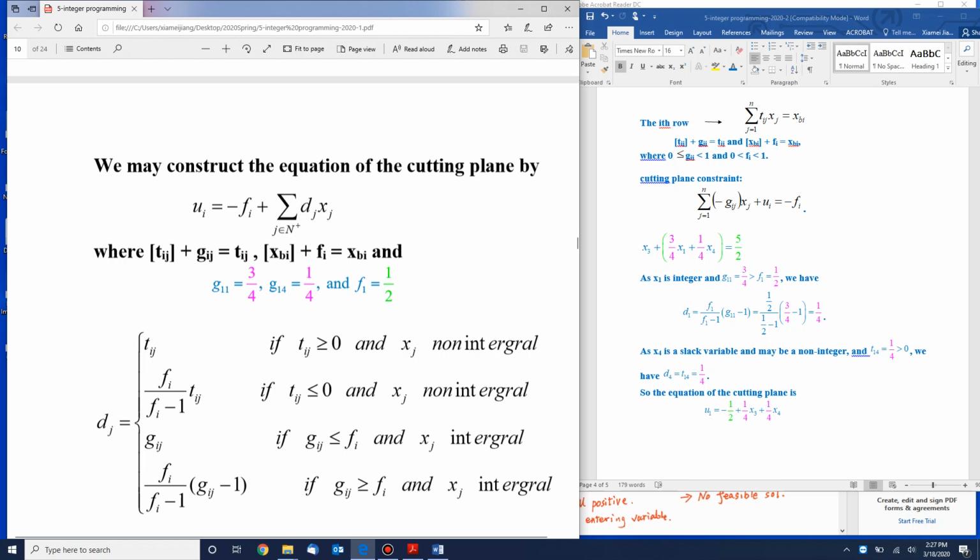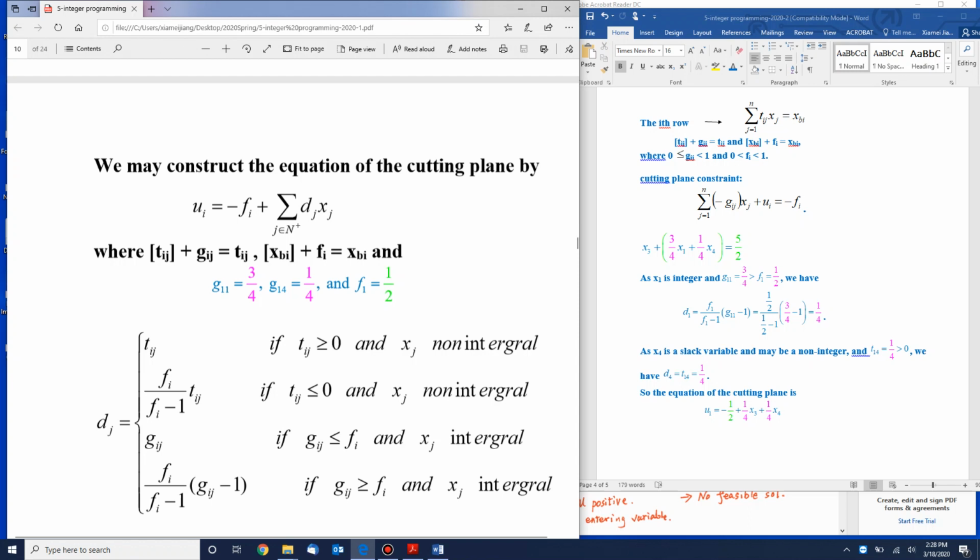The problem asks that x1 and x3 are integers, so x1 is an integer. So according to the formula about dj, we use the last two, for xj integer.